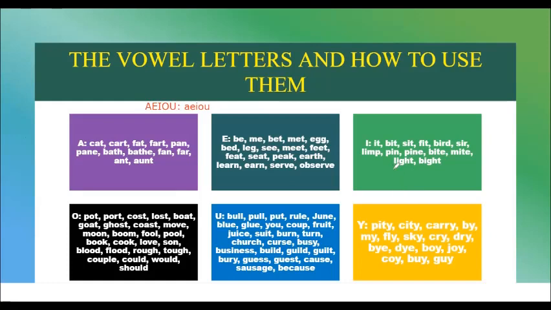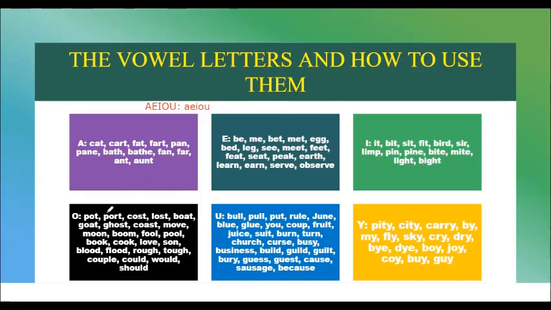The third vowel letter is the letter I. We have the varieties of sounds derivable from the vowel letter I as in it, bit, sit, fit, bed, say, limp, pin, pine, bite, might, light.